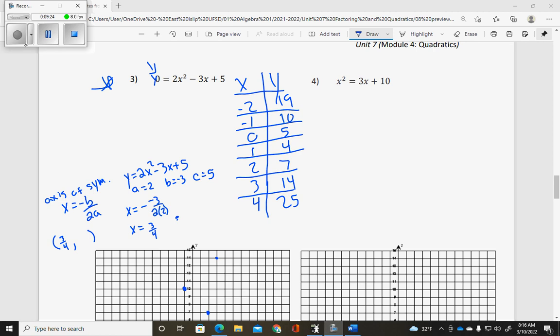Now I'm going to substitute this value into the equation to find the y value. So y equals 2 times 3/4, which is 0.75, if you like that better, squared, minus 3 times 0.75 plus 5. We could put this right into our calculator.